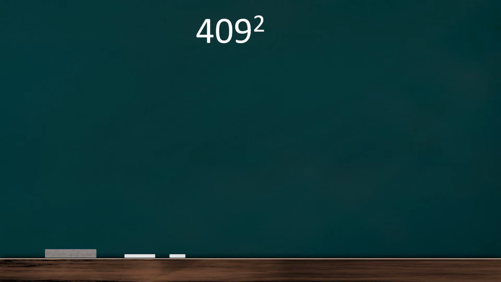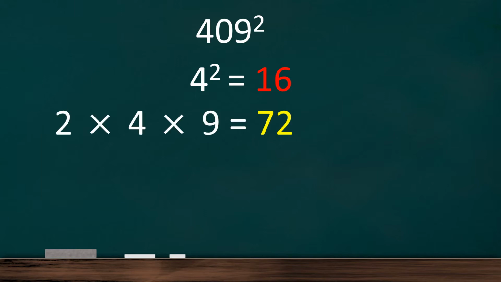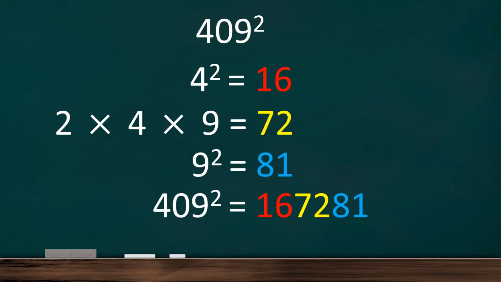To calculate 409 squared. First, 4 squared is 16. Second, 2 times 4 times 9 is 72. Third, 9 squared is 81. So we can immediately say that 409 squared is equal to 167,281.